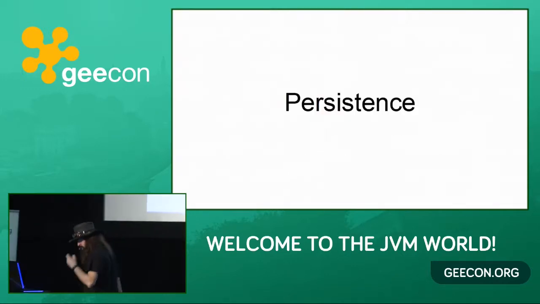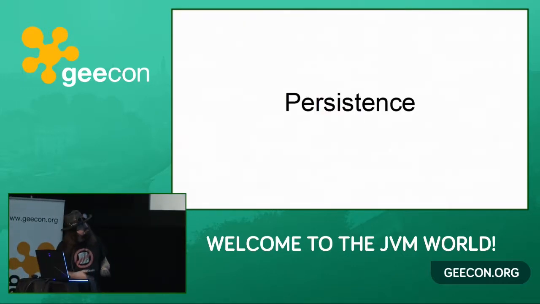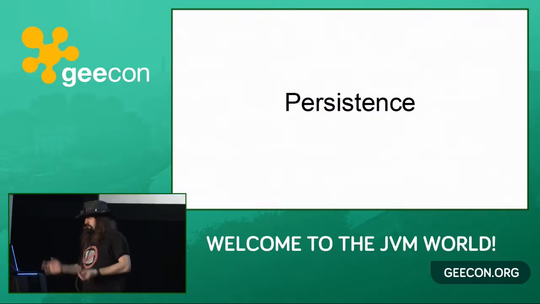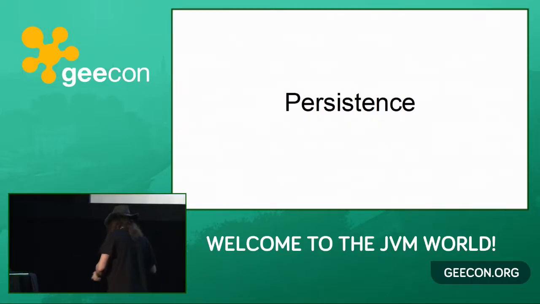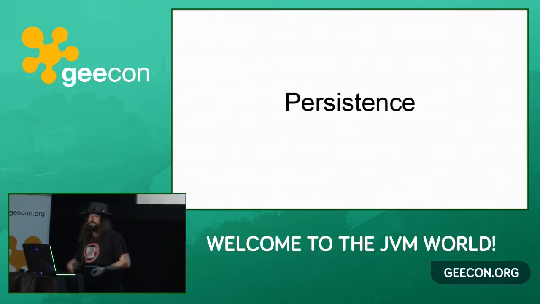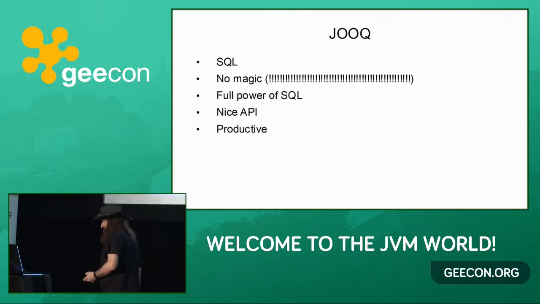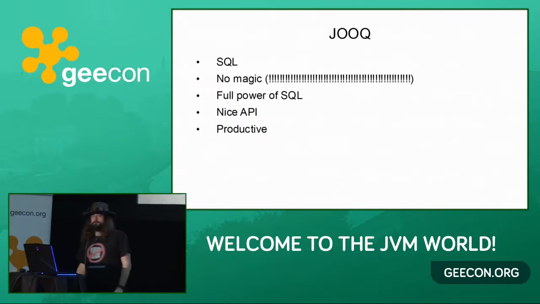So, persistence, that's probably the most complicated part. MongoDB and CouchDB have an asynchronous API, so that wouldn't be a problem. But most of you have SQL. What to do then? There is a solution I propose called jOOQ, which is a great and simple project.